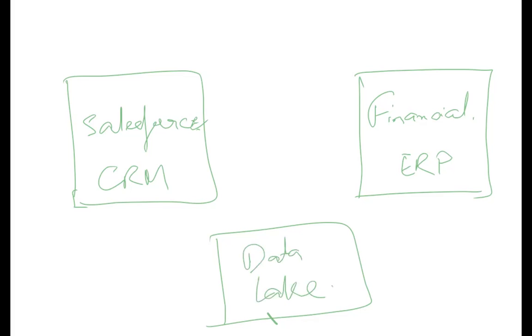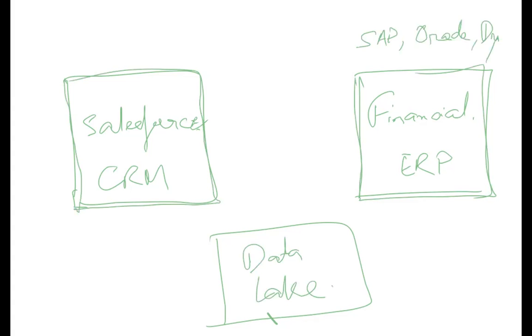Most of the time in an enterprise landscape, a CRM system will be connected to an ERP system. ERP systems can be of different types. SAP can be one, you have heard about this. Oracle can be one. Microsoft Dynamics can be one. These are different financial systems that can be connected with Salesforce. What information are we collecting here? We are collecting customer information, opportunity information, and opportunity line items.